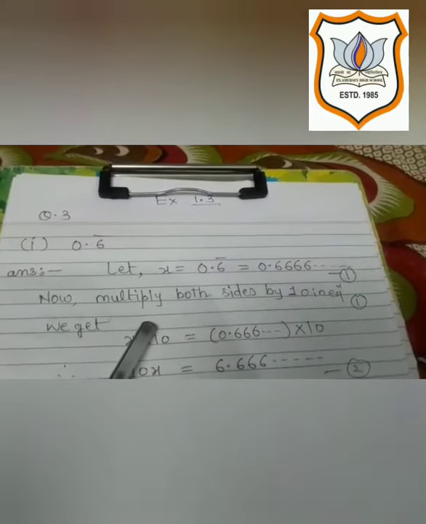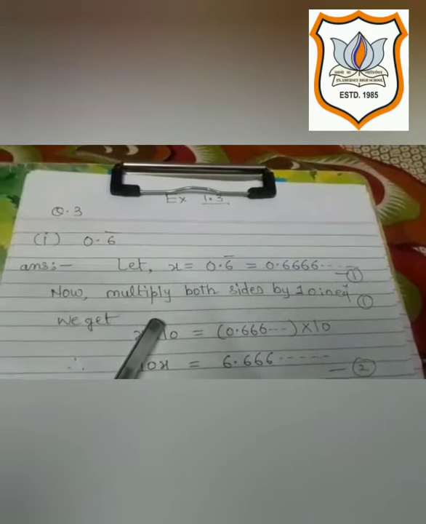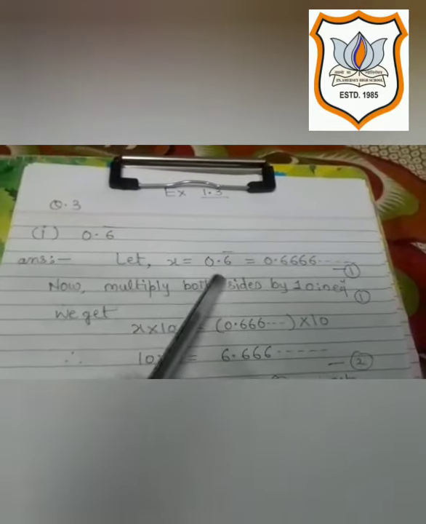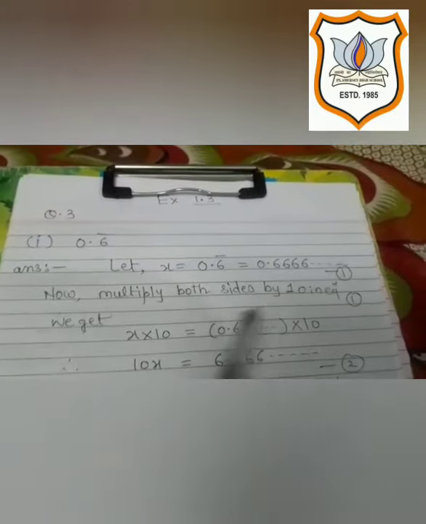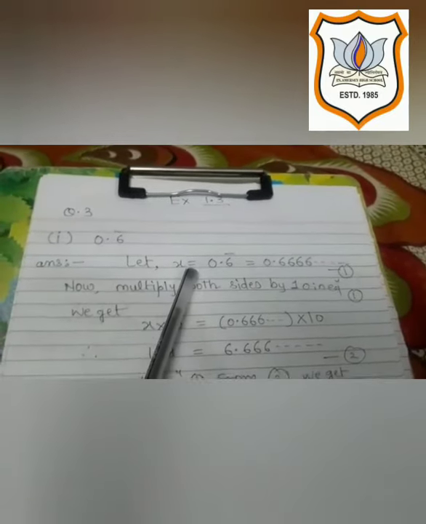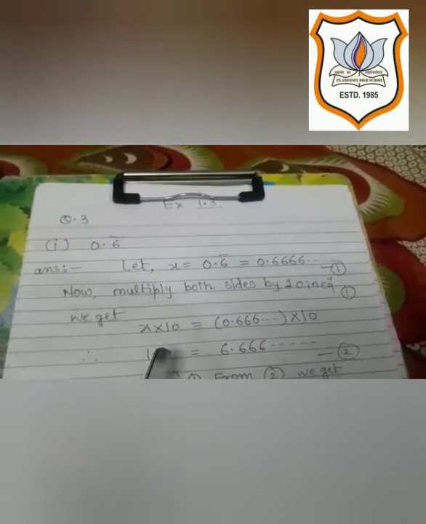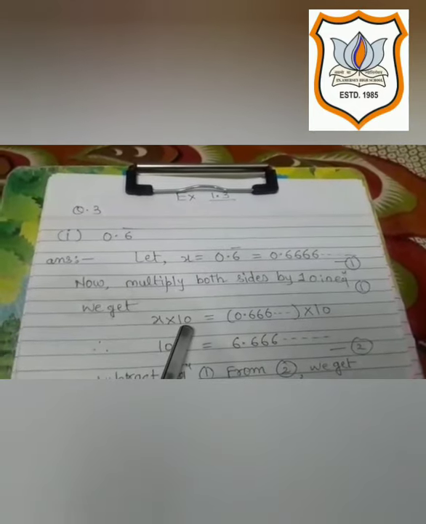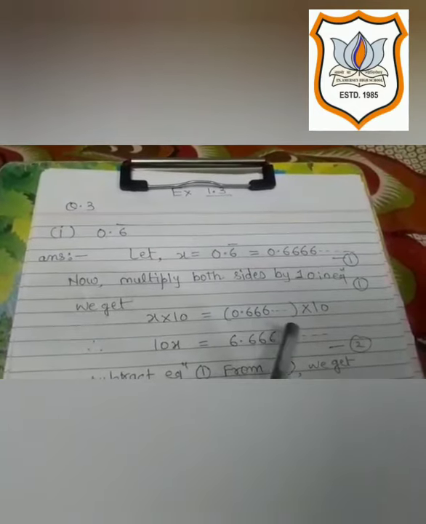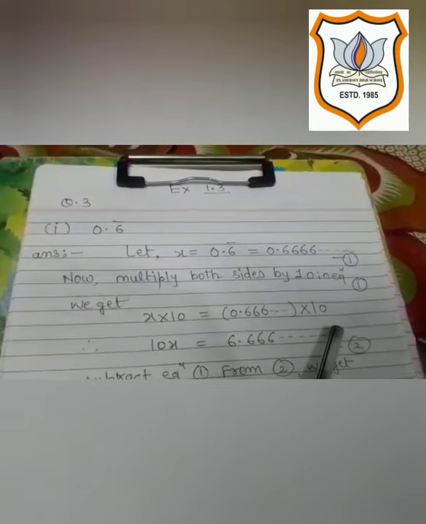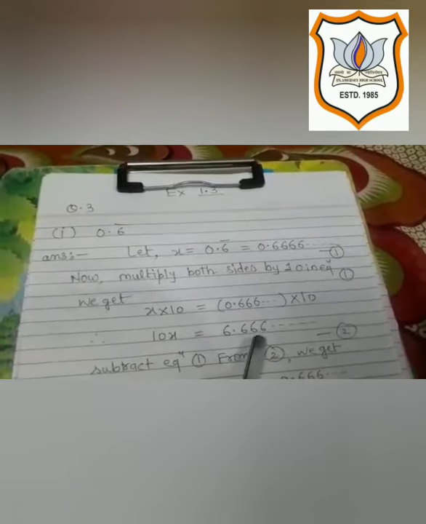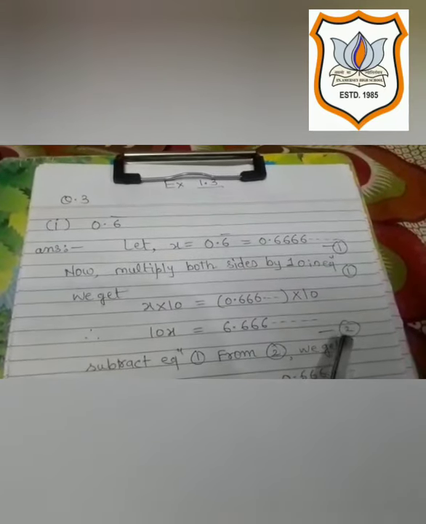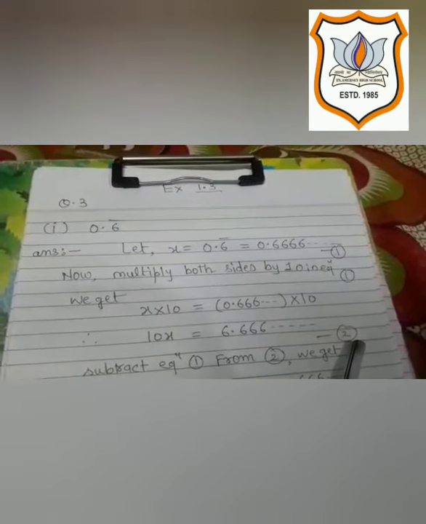This is the process of solving such type of questions. So here we have only one digit in our bar, so we will multiply both the sides by 10 in equation number 1. So the next equation will be x into 10 is equal to 0.6666 bar into 10, and hence we get 10x is equal to 6.666 endlessly. This will be our equation number 2.